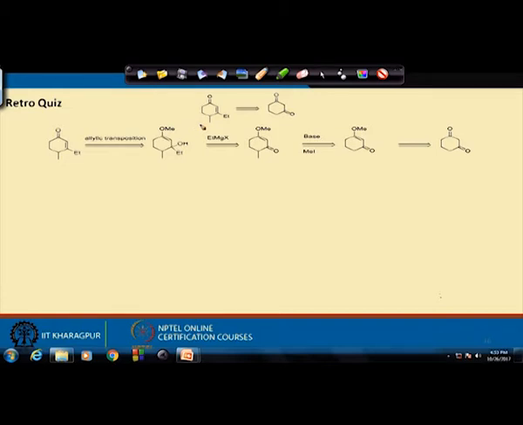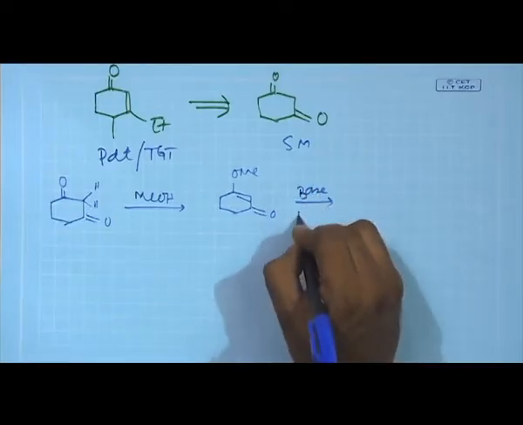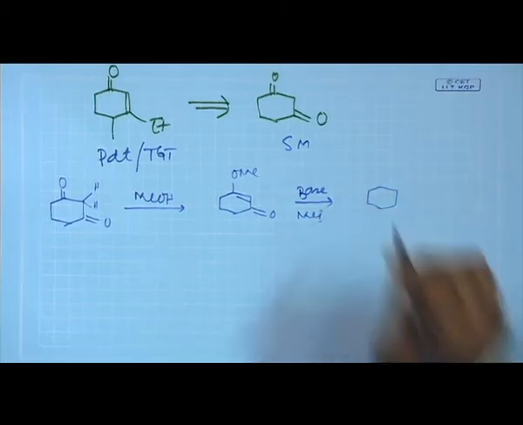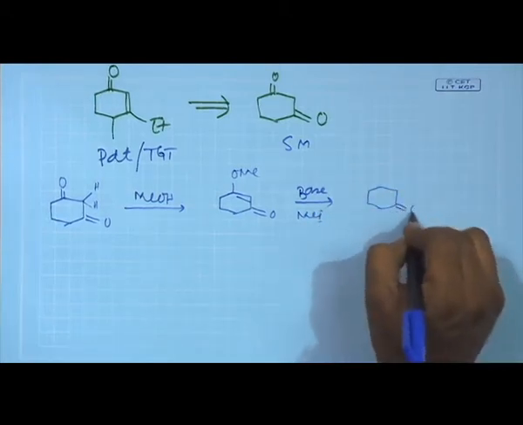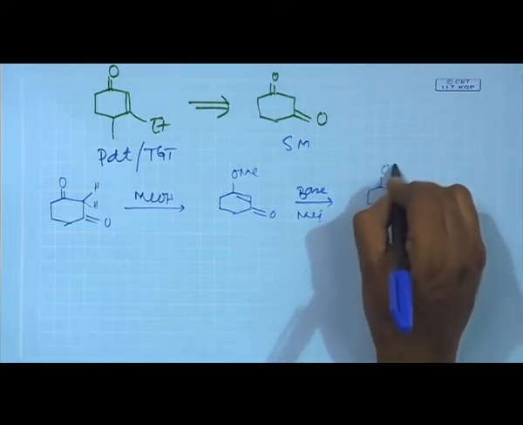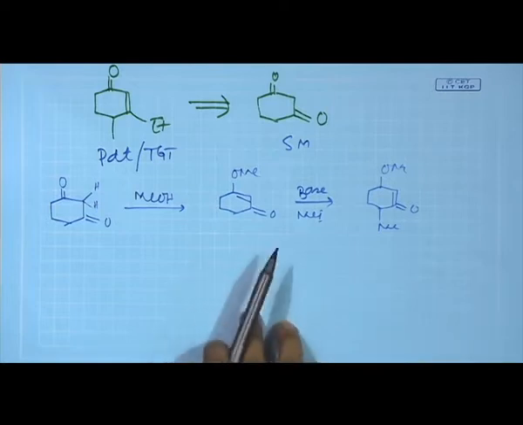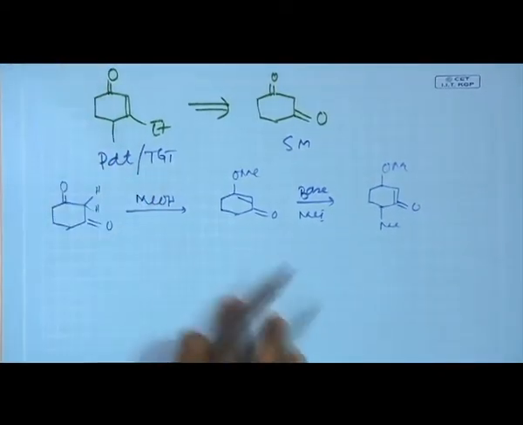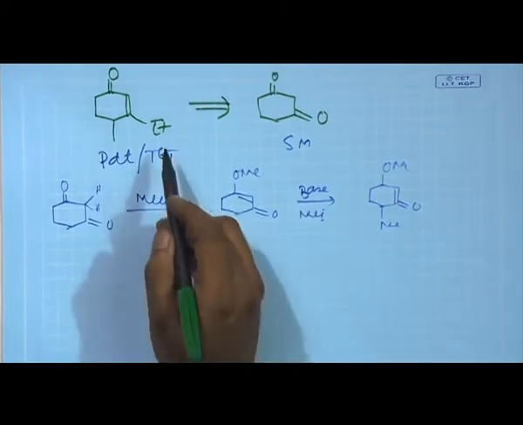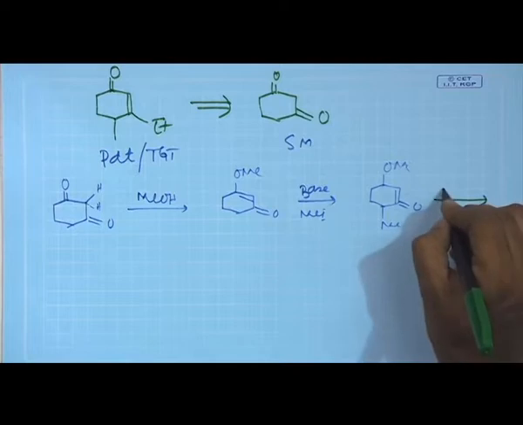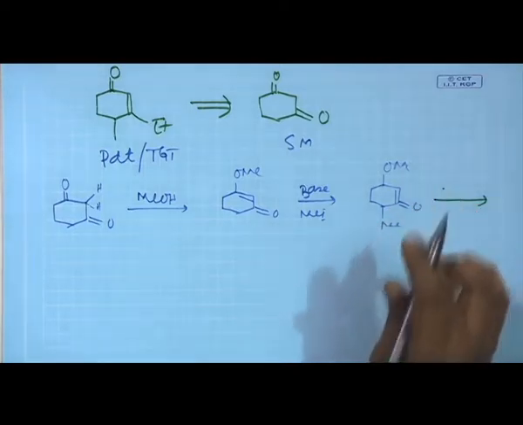So, you put a base and methyl iodide here, that basically gives you a methyl compound with an OMe, fine. Then what do you need to do? You basically need to do some important reaction to introduce the ethyl group, and that was the main highlight of the reaction of the entire course.